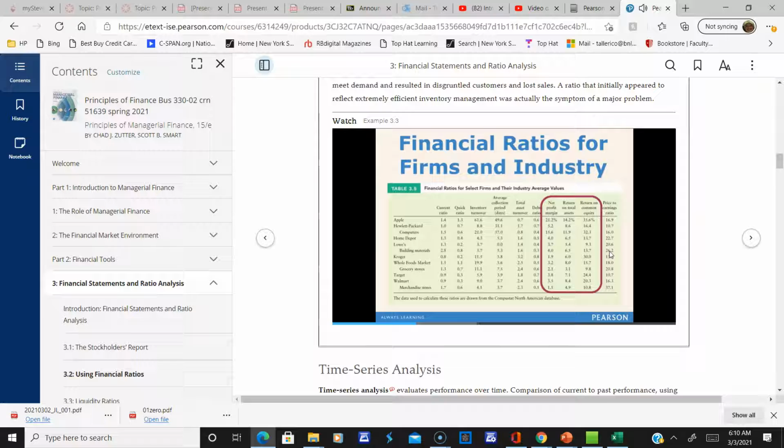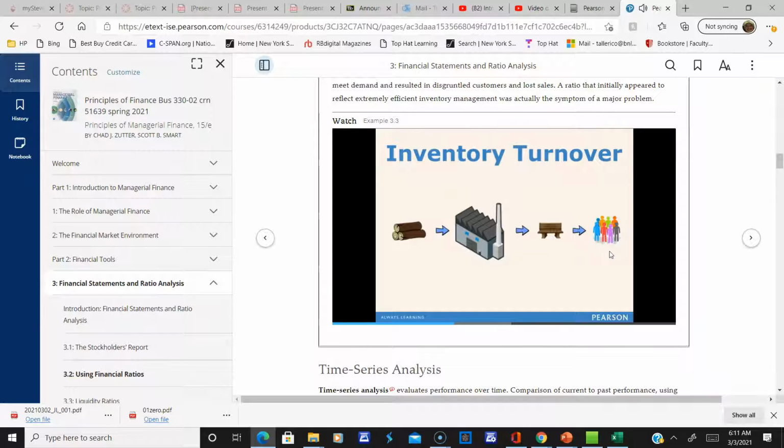Smart managers know that with most financial ratios, there are trade-offs that they must balance, which usually means that the optimal value for the ratio is neither too high nor too low. In this example, we look at one of the most widely followed ratios, inventory turnover. The inventory turnover ratio measures how quickly a firm moves its inventory from raw materials through production to finished goods and to the consumer as a sale.